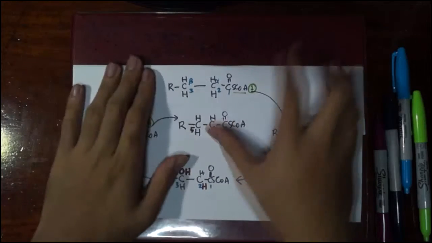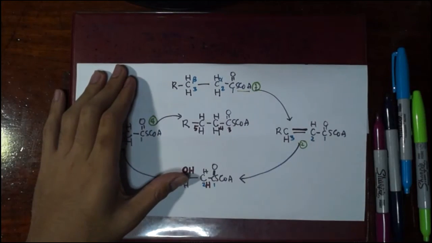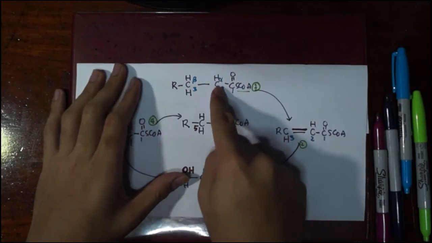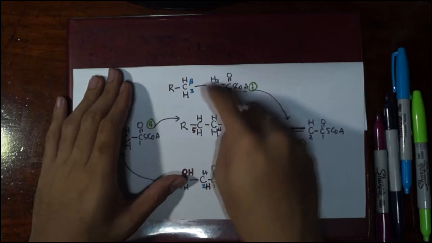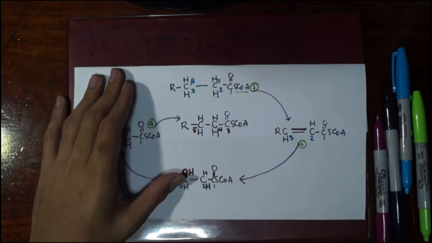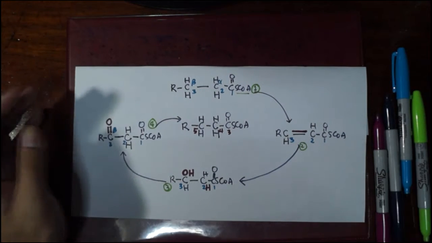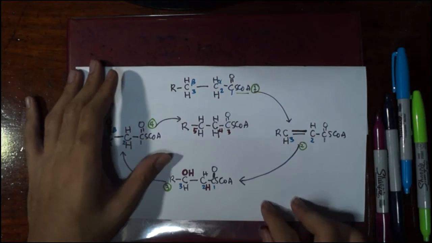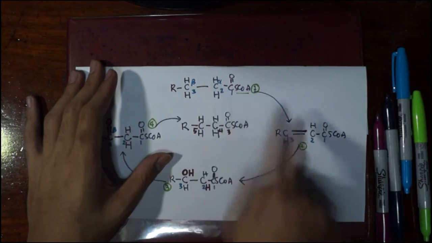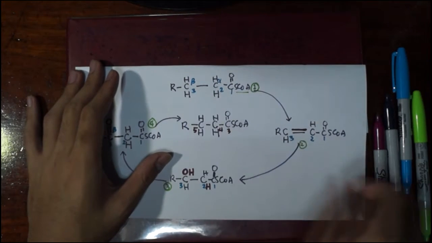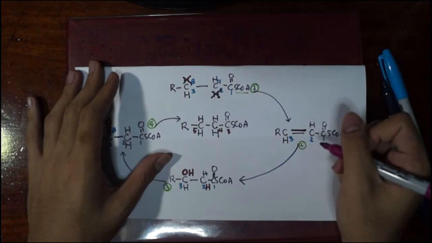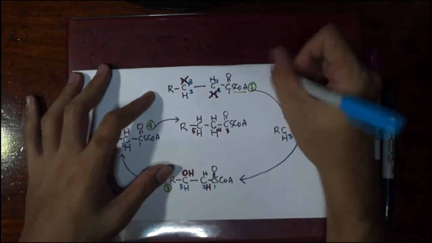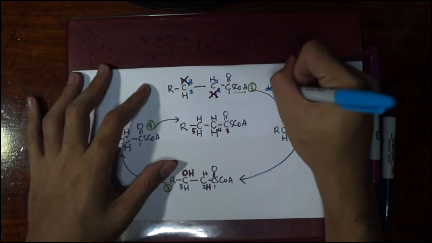So this is the actual cycle part. You start with the fatty acyl coenzyme A. I put labels on it, 1, 2, 3, wherein carbon number 2 is the alpha and carbon number 3 is the beta. We will see if it has use later on. From step 1, there's a formation of a double bond at the expense of 2 hydrogens, so the step here is actually dehydrogenation.